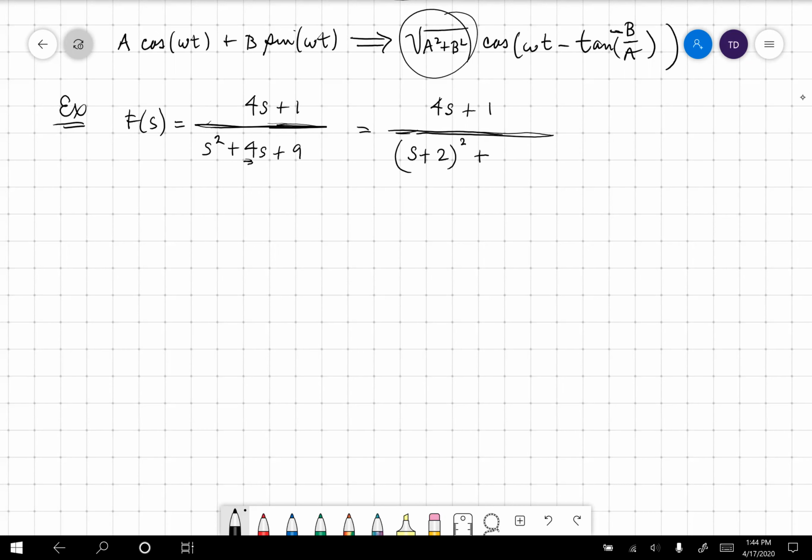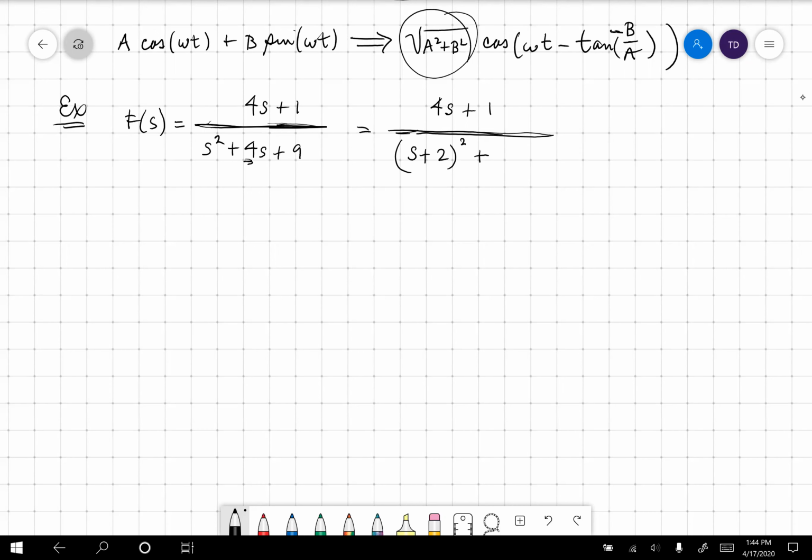Oh, goodness gracious. Plus the square root of 5 squared. Notice I always want this form in the denominator, squared. So I didn't write plus 5. I wrote it plus the square root of 5 squared. So sometimes it's ugly. There's no guarantee that it's always pretty. Sometimes it's ugly, but you're just going to deal with it. You're going to stand in there, be tough, because you can handle these numbers. They're only numbers, and we work with it.